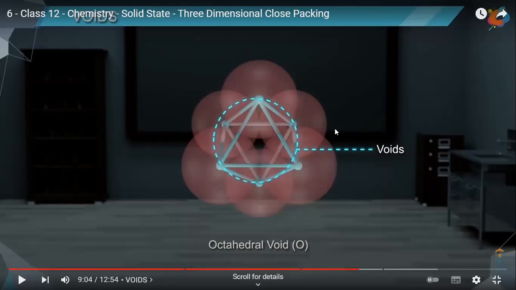Is it clear now what is the tetrahedral void and what is the octahedral void? Any doubts in that? Or can I replay the video once again for the voids? Respond.